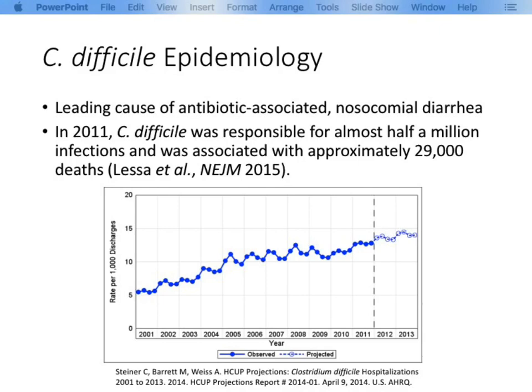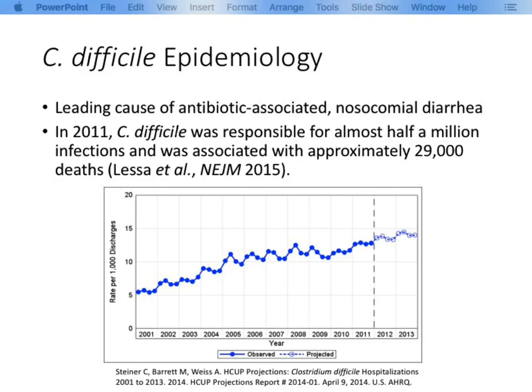Here's just a little quick image showing you the epidemiology of C. diff right now. Taking a look at the rate of infections per 1,000 individuals discharged from hospitals. So this one came from 2014, and they had data through 2011 and made predictions about 2012 and 2013.